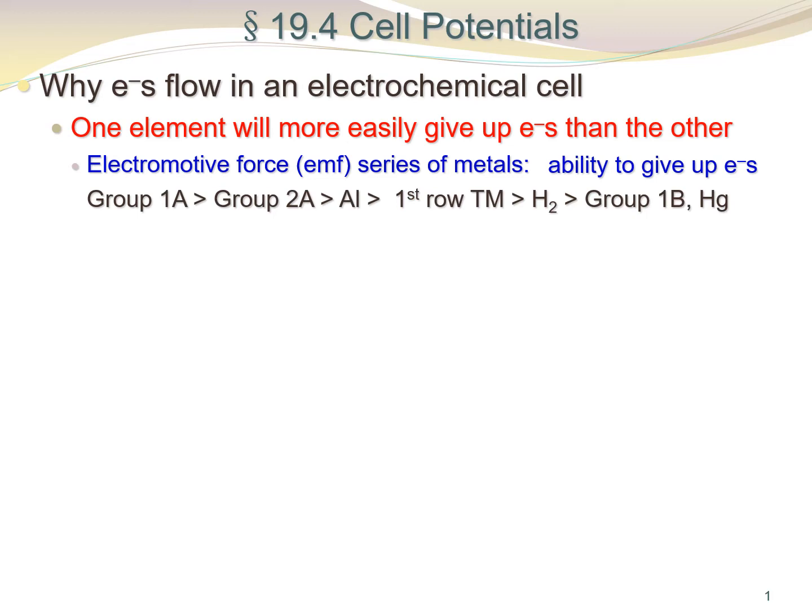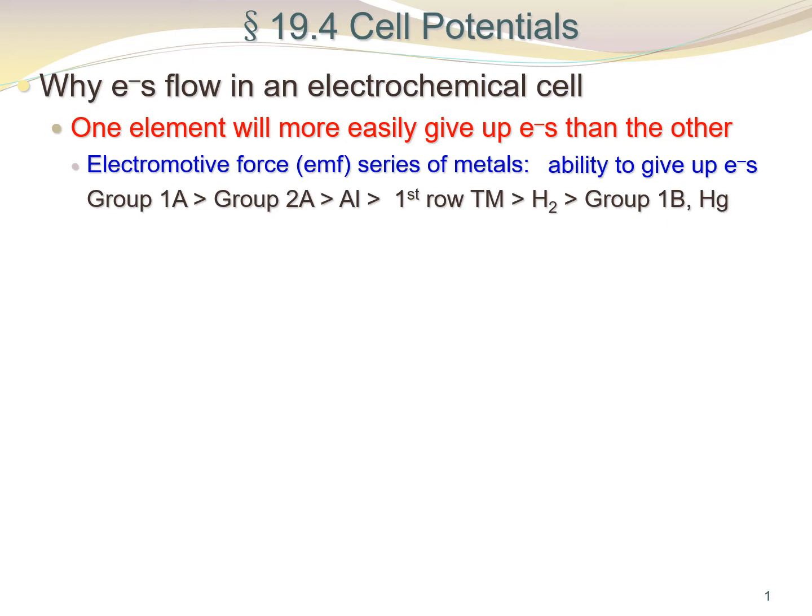Does that have anything to do with electronegativity? Sure. Because the less electronegativity, the poorer their ability to hold onto electrons. In other words, the less electronegativity, the easier it is for an atom to lose electrons.